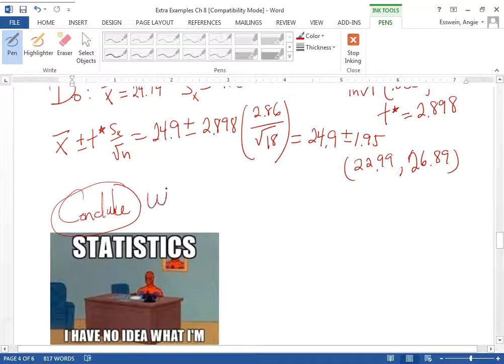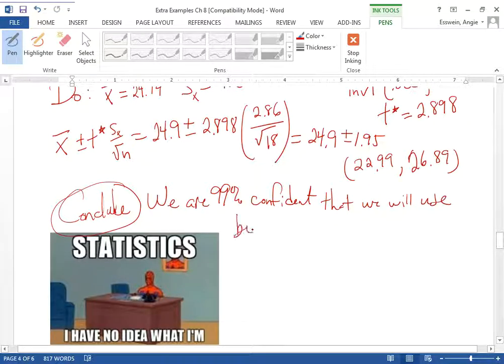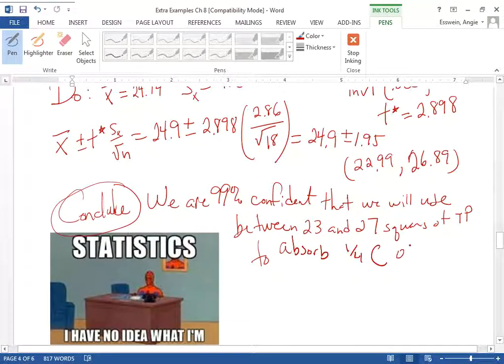We conclude we are 99% confident that we will use between about 23 and 27 squares of TP to absorb a quarter cup of water.